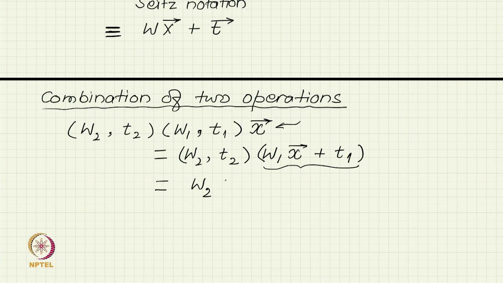So, W2 will act on this entire vector and it will translate by T2, because the translation component of the second operation is T2. So, the second operation rotates that intermediate vector by W2 and translates it by T2.